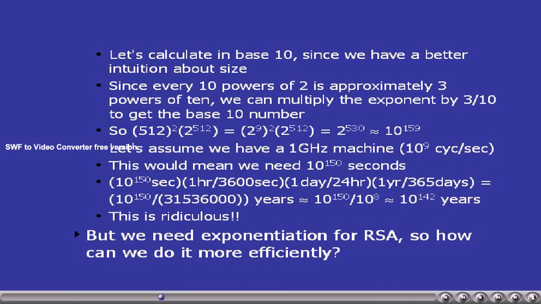If you convert it into years, as shown in the slide, it becomes 10 to the power of 142 years. So that is the worst case complexity of raising one number by another number. This is ridiculously inefficient. We require some efficient procedures.